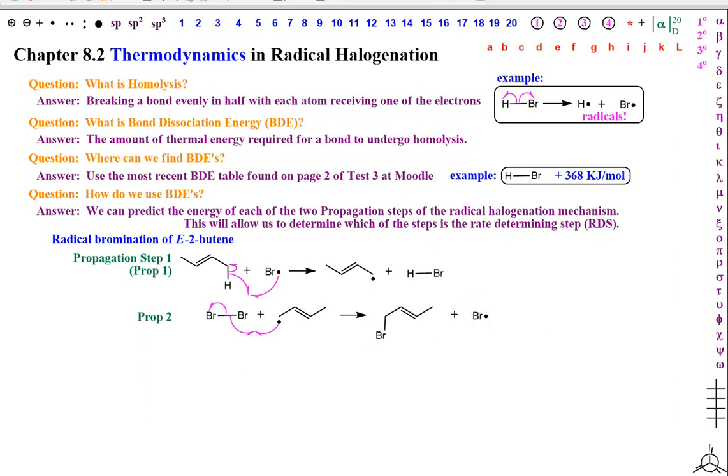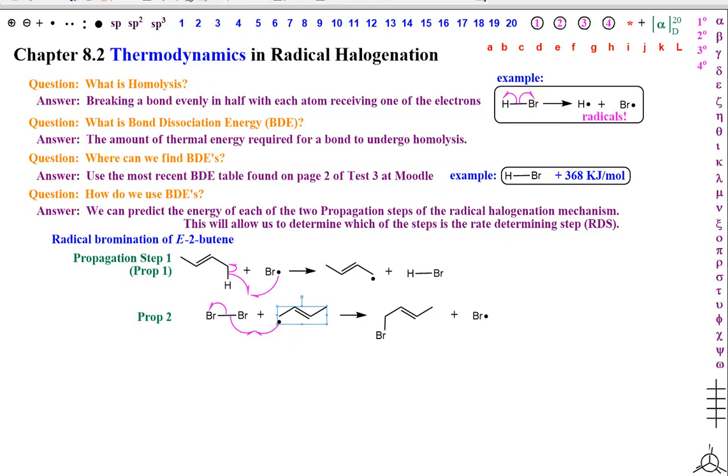If we look at the combined result of propagation step 1 and 2, we're going to see that bromine radical, which was a reactant here, is a product here, which makes it, in the overall process, called an intermediate. The allylic radical here is produced in Prop 1 and reacted in Prop 2, also making it an intermediate.